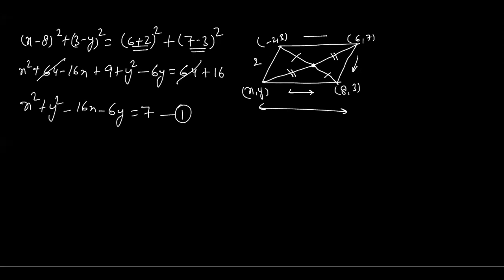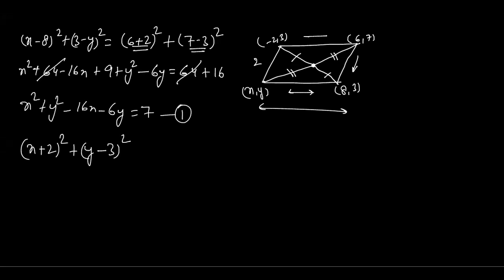Now similarly you have to make the equation with this one. So you have to write x plus 2 whole square plus y minus 3 whole square.